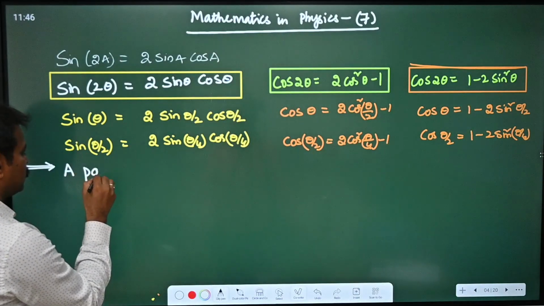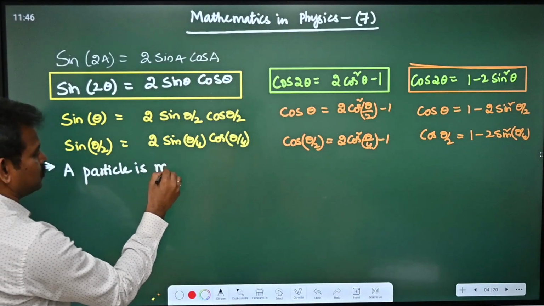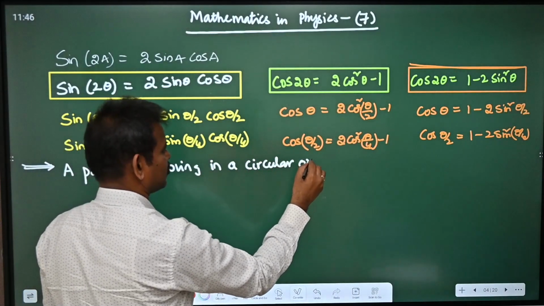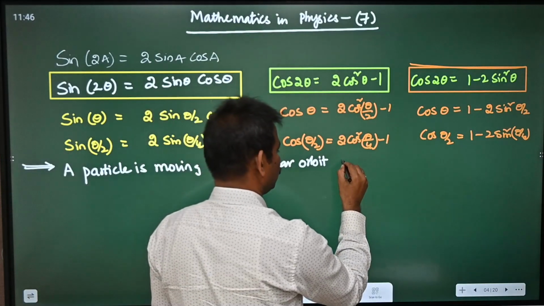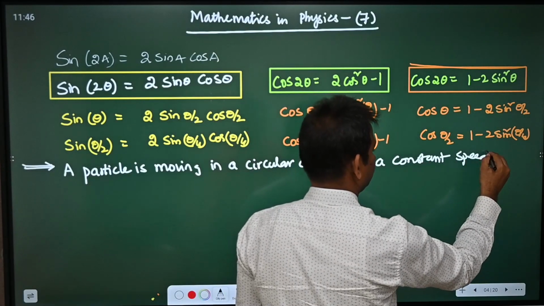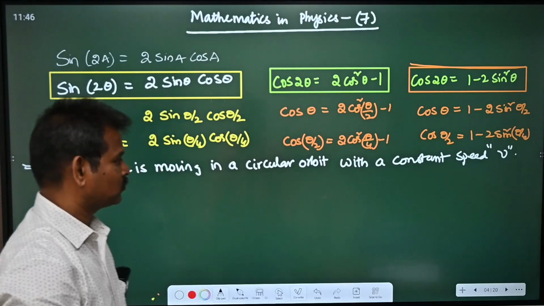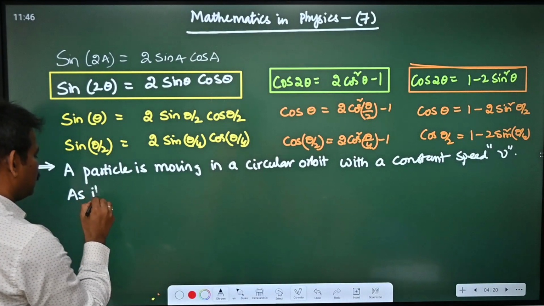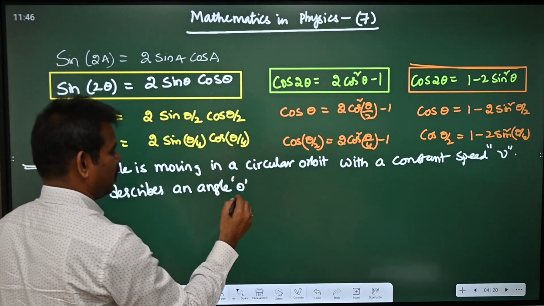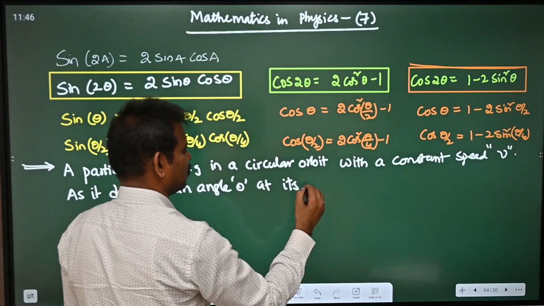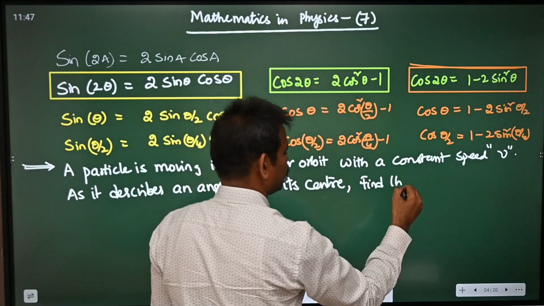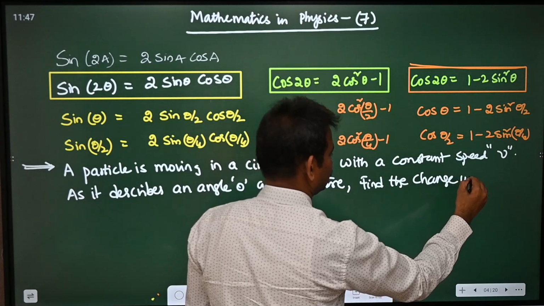A particle is moving in a circular orbit with a constant speed v, as it describes an angle theta at the center of the circular path, find the change in velocity.